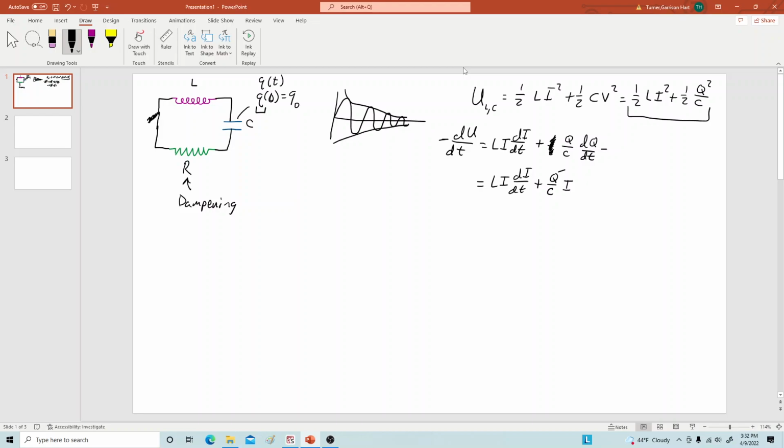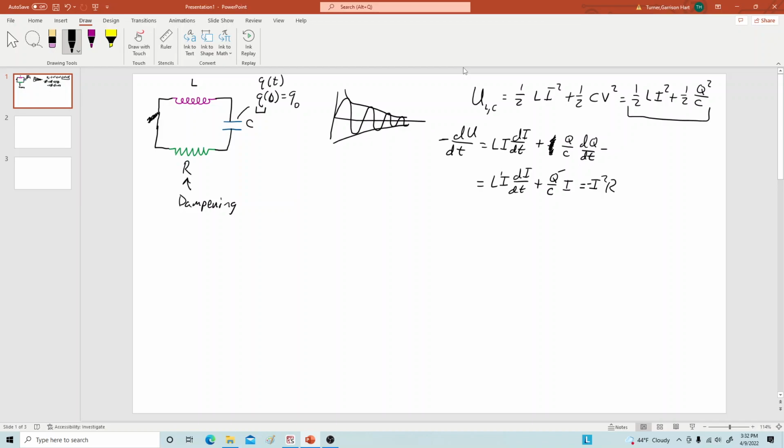So the rate at which the energy changes in the inductor and capacitor must be equal to the rate at which the energy leaves through the resistor. Okay, and so we're going to put a minus sign here to indicate that the energy is being dissipated, if you will.